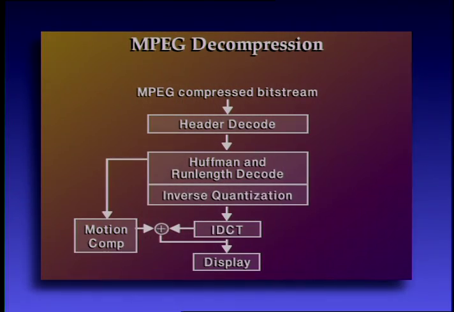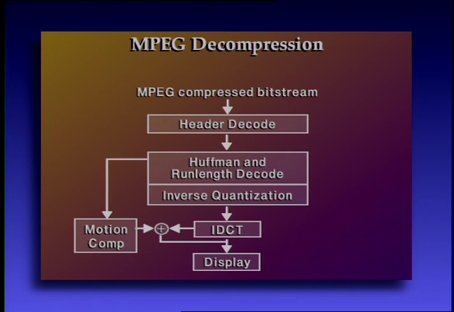At this point, let's take a quick look of what actually is involved in MPEG video decompression. This is the flow chart of the key steps in MPEG decompression, comprising of 6 functional steps: header decode, Huffman and run length decode, inverse quantization, the inverse discrete cosine transform, motion compensation, and displaying.